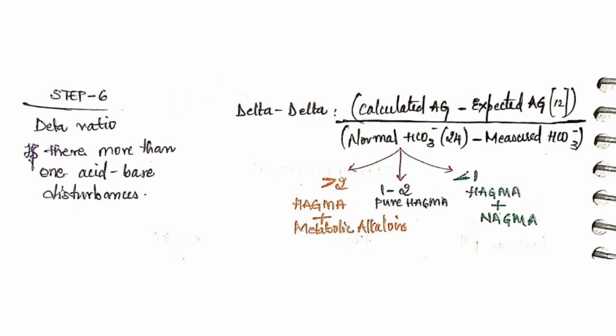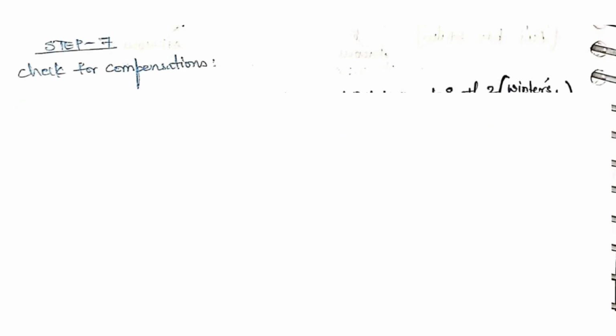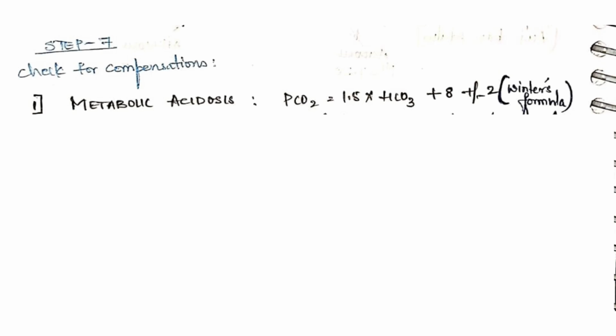If the delta ratio is 1 to 2, it is pure high anion gap metabolic acidosis. If the delta ratio is less than 1, it is high anion gap metabolic acidosis plus normal anion gap metabolic acidosis.